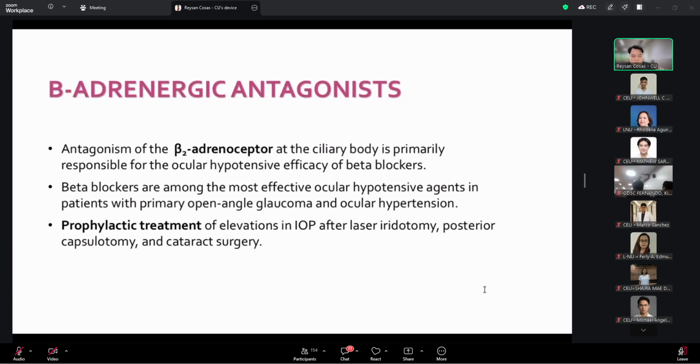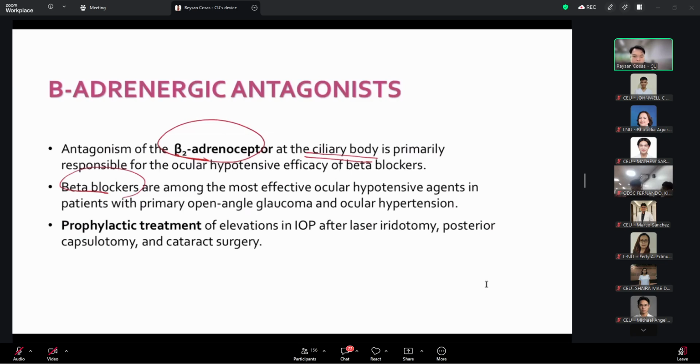So ano yung kanilang mechanism of action? Blocking the beta 2 receptor in the ciliary body will reduce the secretion of aqueous humor, therefore lowering the intraocular pressure. The beta blockers, ginagamit sila for primary open angle glaucoma.